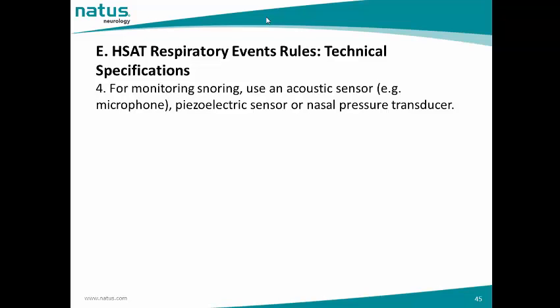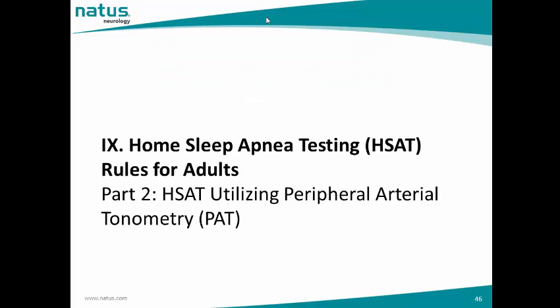For snoring, use an acoustic sensor, piezoelectric sensor, and snoring that is derived from the nasal pressure transducer.